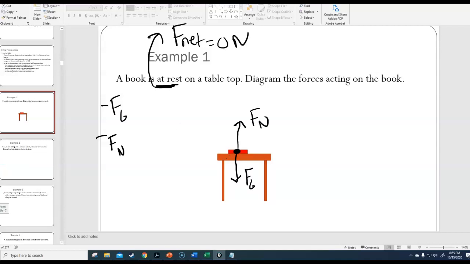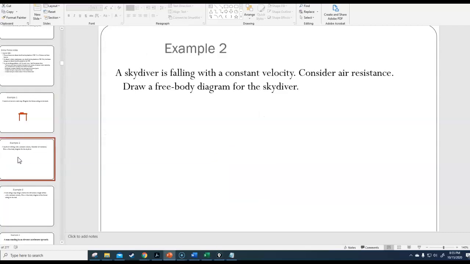So let's take a look at example 2. Example 2 says a skydiver is falling with a constant velocity. Consider air resistance. That's a big old context clue saying there's air resistance. So here's a dot to represent the skydiver.